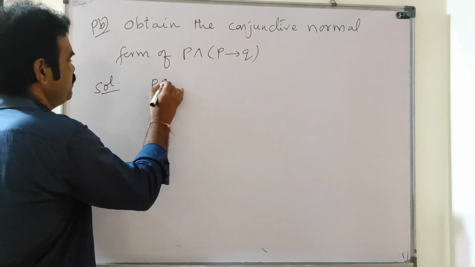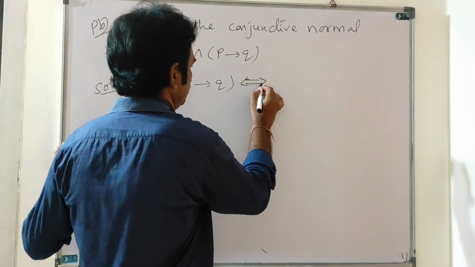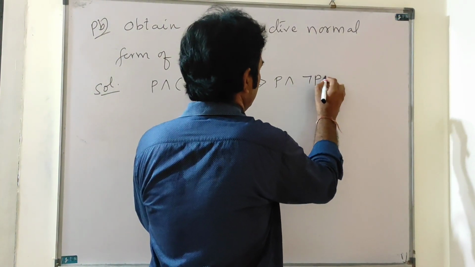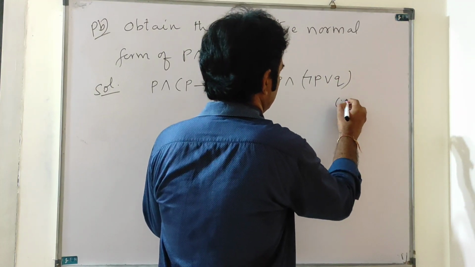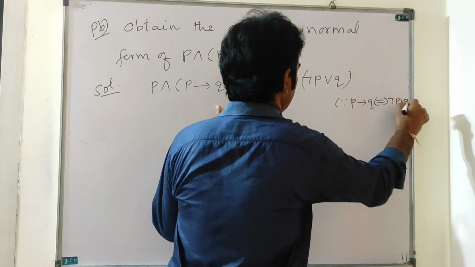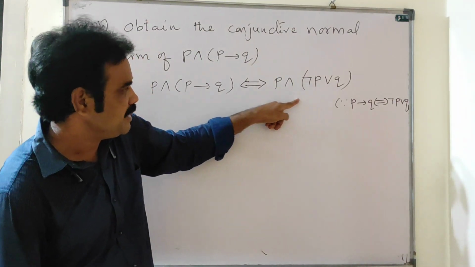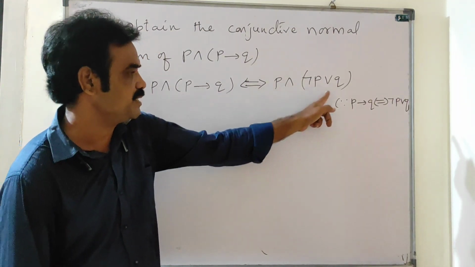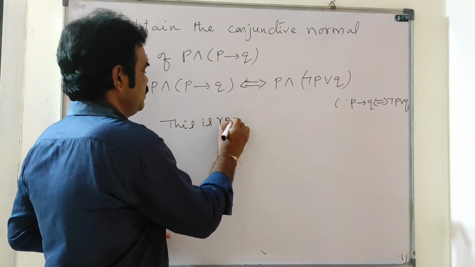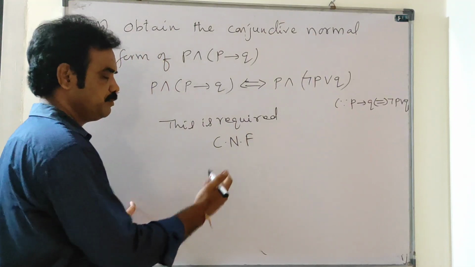Given formula is P and P implies Q. Now this is equivalent to negation P or Q, since P implies Q is equivalent to negation P or Q. Okay. Now this is product of elementary sums. That means conjunction of disjunction. This is required conjunctive normal form. CNF means conjunctive normal form.